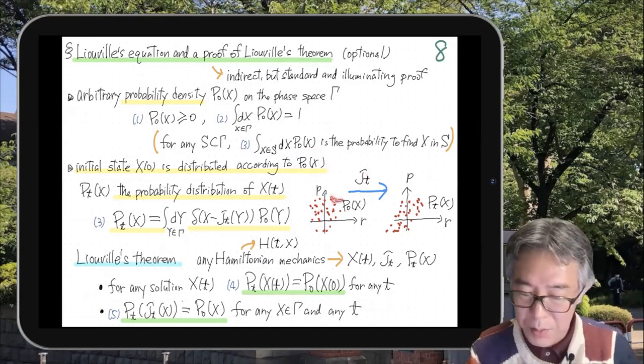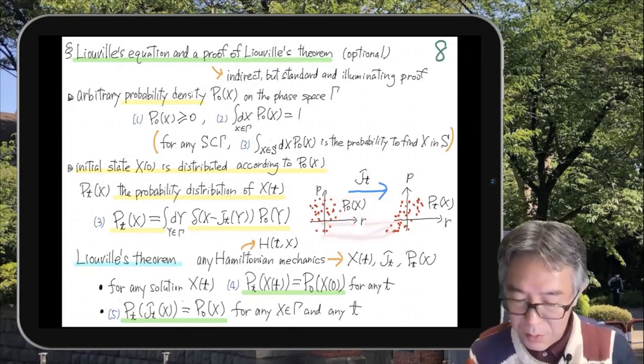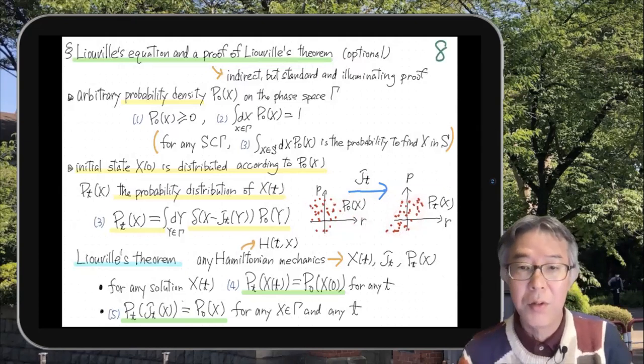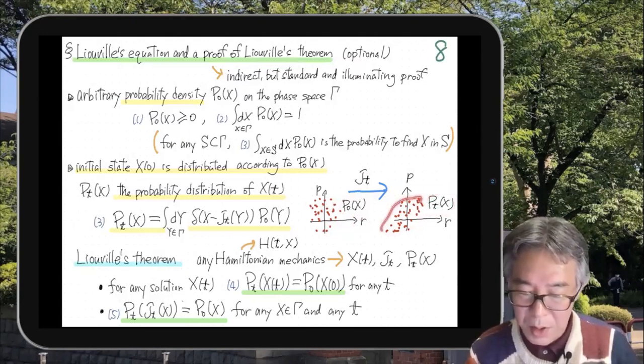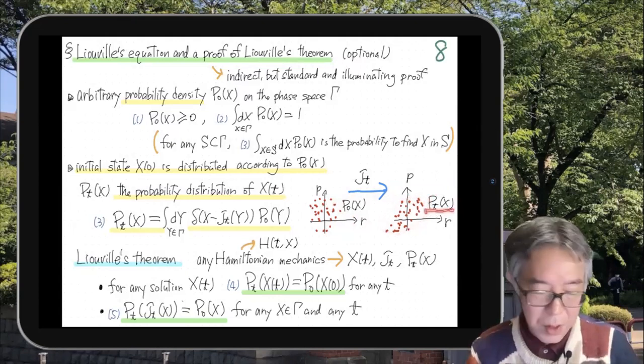So after some time t, this goes here, this goes here, this goes here. So you started from this pattern of dots, and you trace each dot. And then at this time, you have a new pattern of dots. And you can consider the density, and the probability density here is denoted P_t(x).